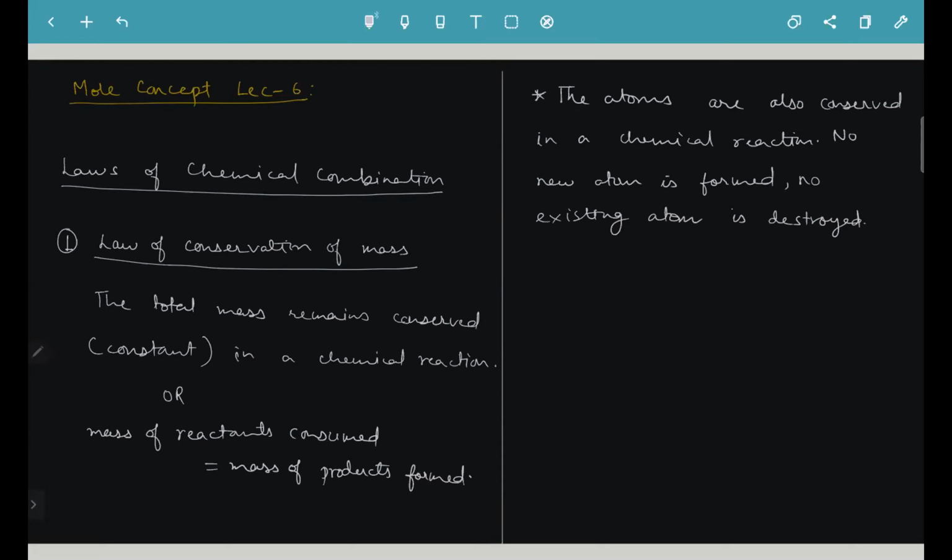Yes, very true. In nuclear reactions, some mass is lost, which gets converted to energy.